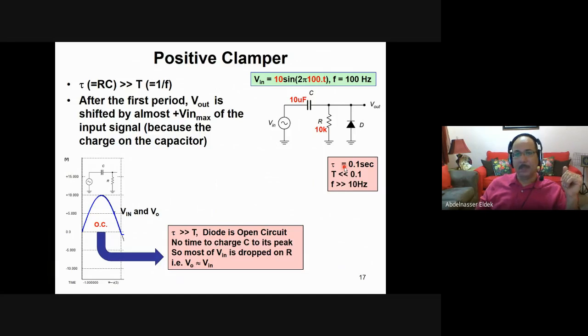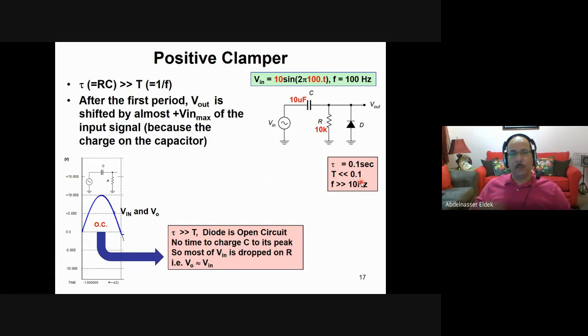But the period of the signal is much smaller than this 0.1 seconds. This means that the frequency, 1 over T, is supposed to be much larger than 1 over 0.1, which is 10 hertz.